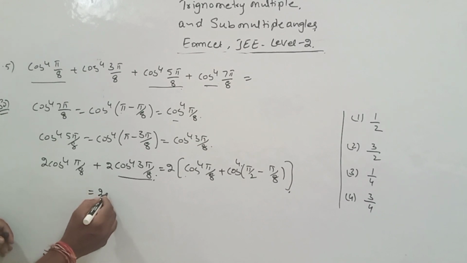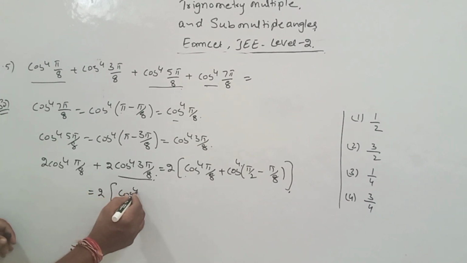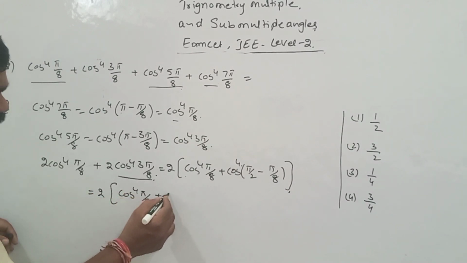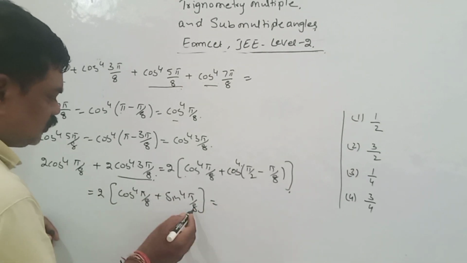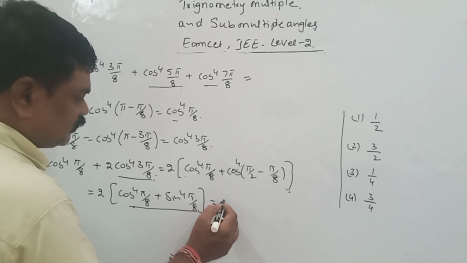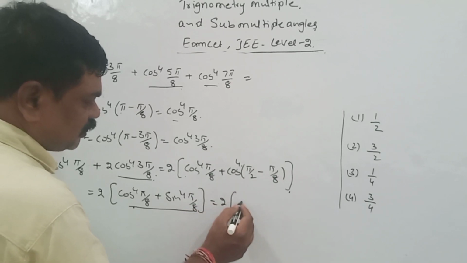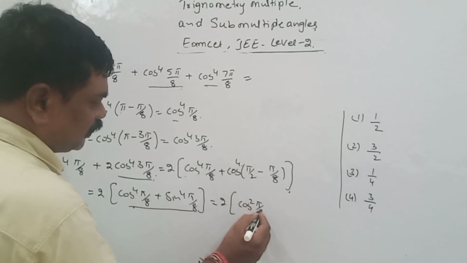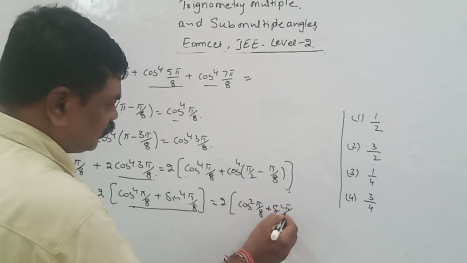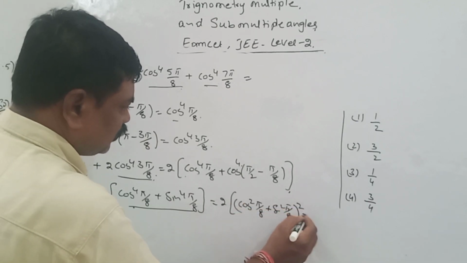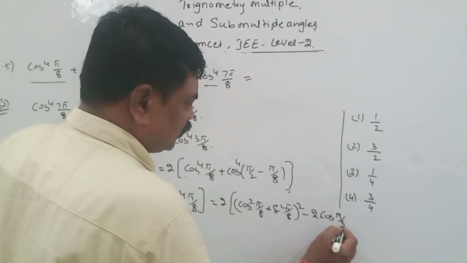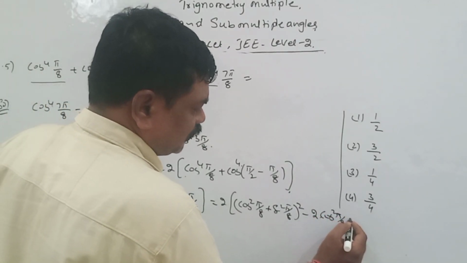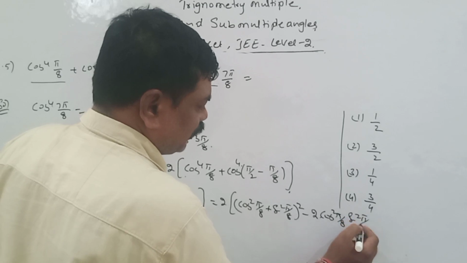This is 2 into (cos power 4 of pi by 8 plus sin power 4 of pi by 8), which equals 2 into (cos square pi by 8 plus sin square pi by 8) whole square minus 2 into cos square pi by 8 into sin square pi by 8.